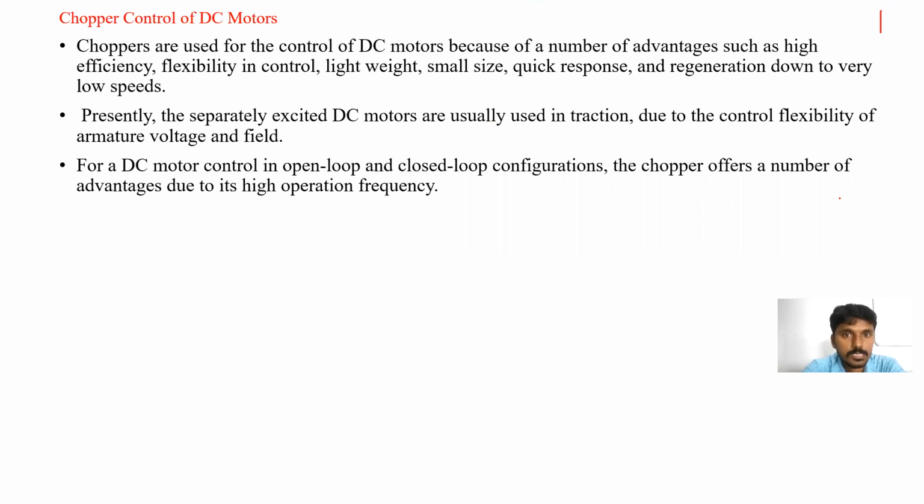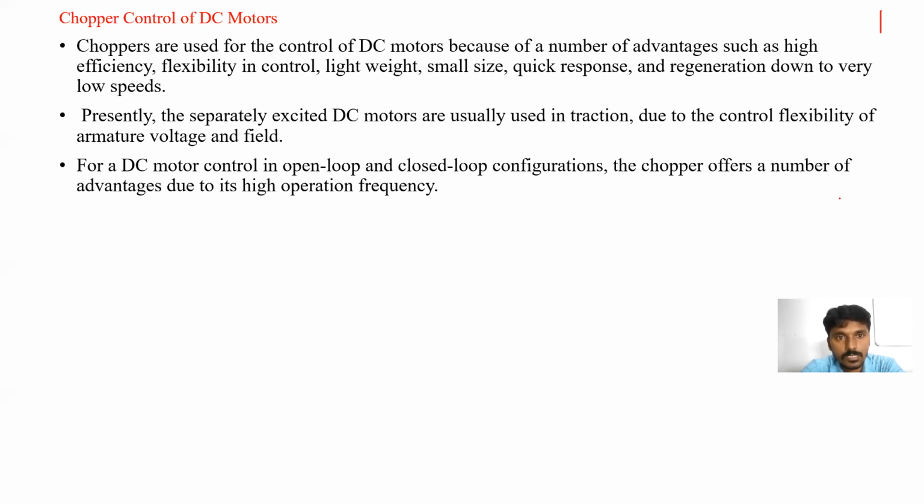Presently, the separately excited DC motor is usually used in traction due to the control flexibility of the armature voltage and field. The controlling technology of the separately excited DC motor is very easy compared with other motors, because the field and armature windings are connected separately. That's why the controlling circuit is simple, and so mostly separately excited DC motors are used.